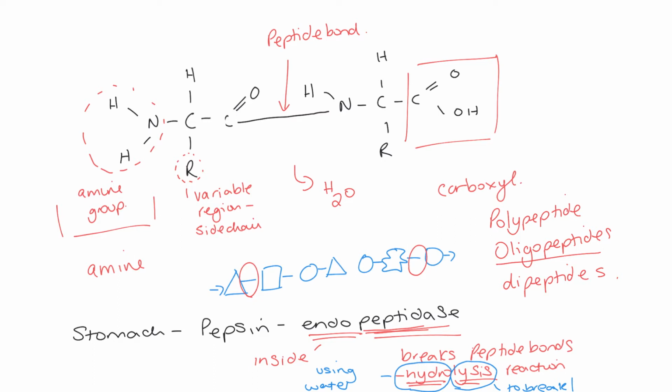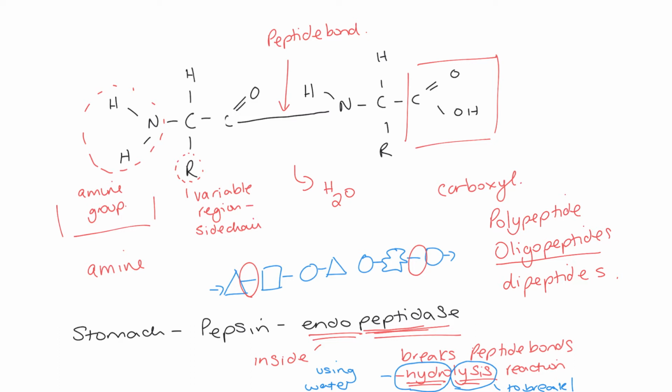Now I'm going to go on a very slight aside here. This is not necessary for A-level, so feel free to ignore what I say for the next couple of minutes. But pepsin is an enzyme that's produced by cells in your stomach, which are called gastric chief cells. Now, pepsin is a protease, and as you know, many of the things in your cells are made of proteins, so it's actually quite dangerous for a cell to contain internally a protein digesting enzyme.